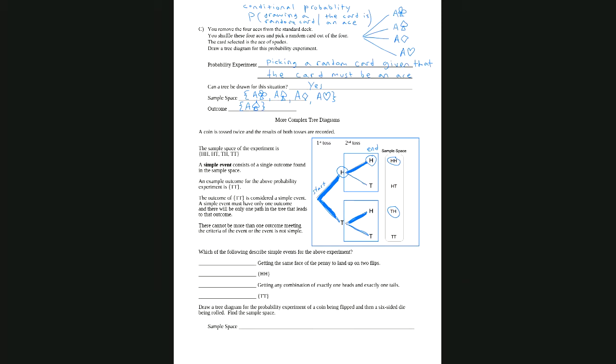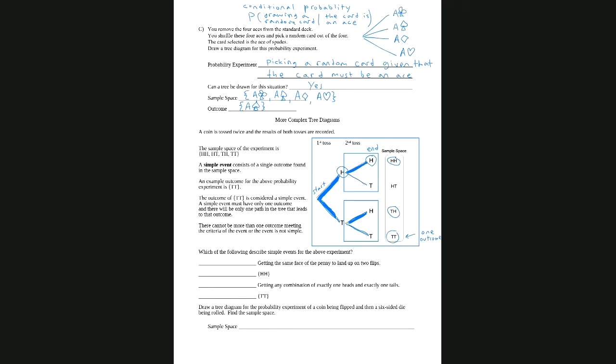and let's look at which ones would be considered simple events and which are not. So a simple event is when there's only one possible way for it to happen. So it would be a single outcome found in the sample space. For example, the outcome where we get tails and then tails, that would be simple because there's only one outcome in that criteria.